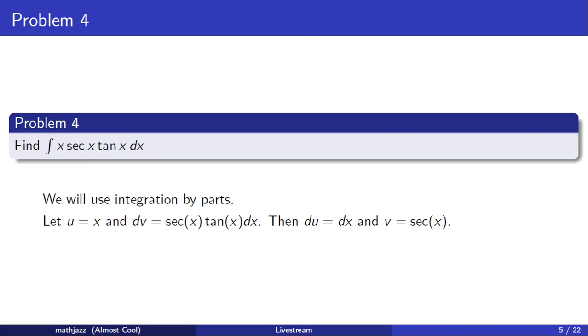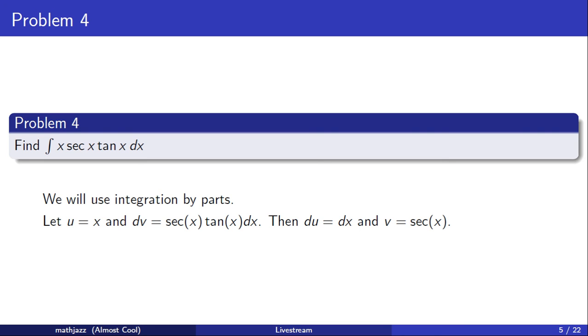So we're going to let u equal x because that'll go away when we take a derivative, and that's great. It'll just be a constant. And we're going to let dv equal secant x tangent x because we know that secant x tangent x is the derivative of secant x.